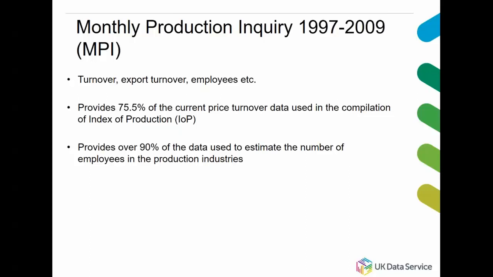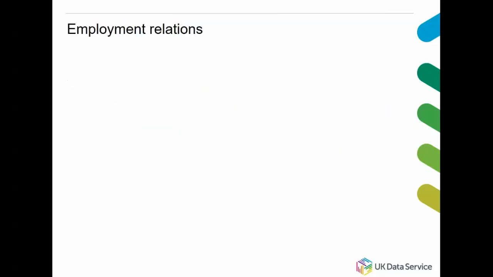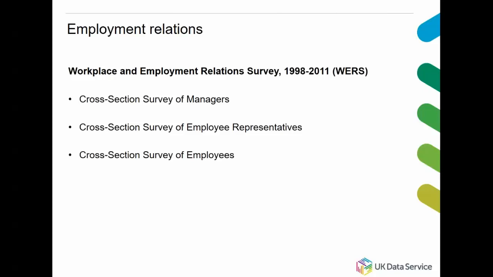Let's next have a look at a data set which is particularly focused on employment relations, which is the Workplace Employment Relations Survey. Now this has a cross-section survey of managers, a cross-section survey of employee representatives, and a cross-section survey of employees.